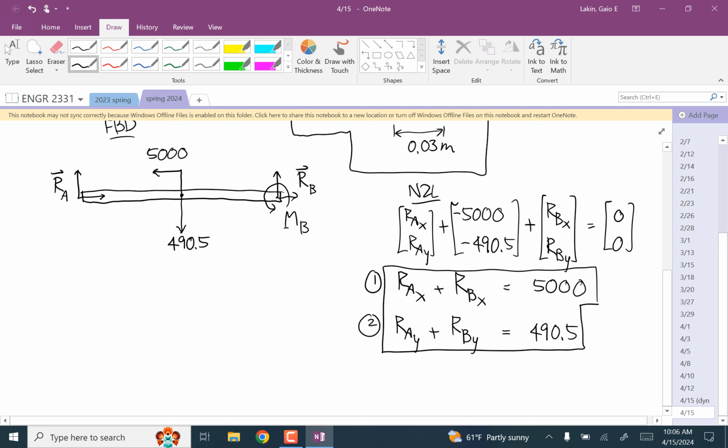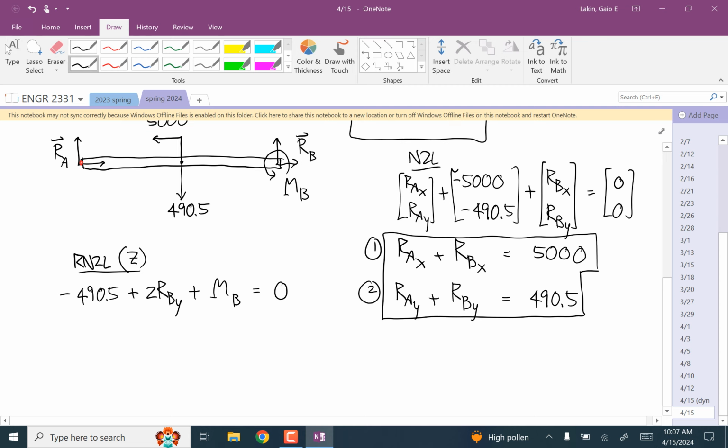There's no twist, so we only have to do the z component of the moment equation. So I'm going to make my about point here. We have a negative moment of 1 times 490.5 plus 2RBY plus MB is equal to 0.